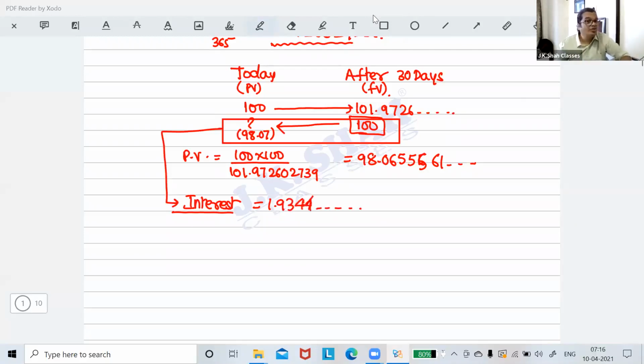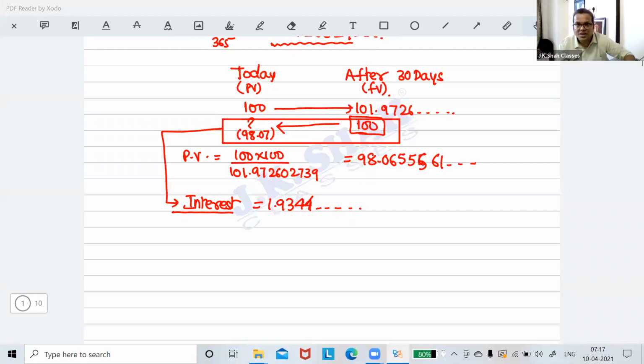What am I going to tell my debtor? Don't jump to conclusions. I will tell him, sir, after 30 days you have to pay me 100 rupees. If you pay me immediately today, I will offer a discount of 1.93%.